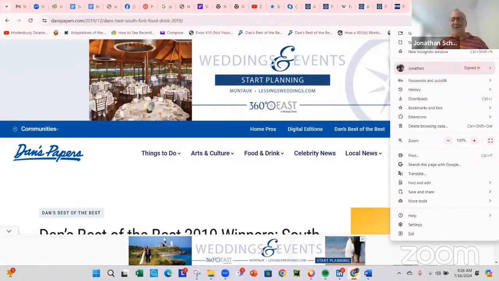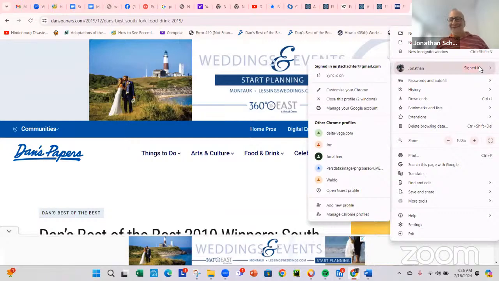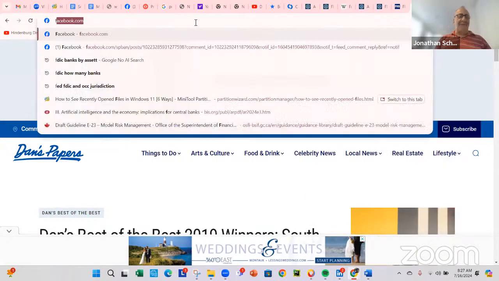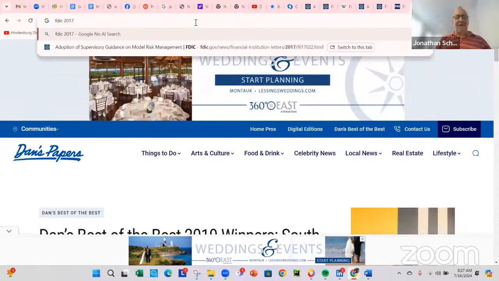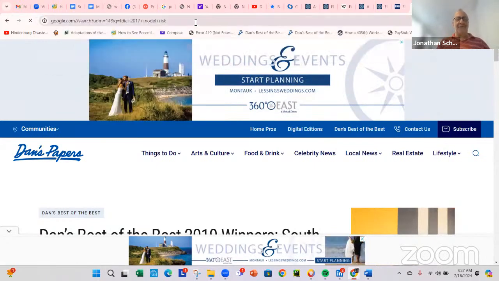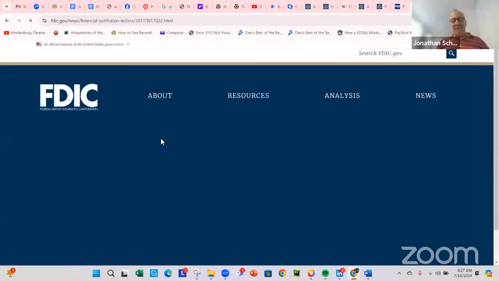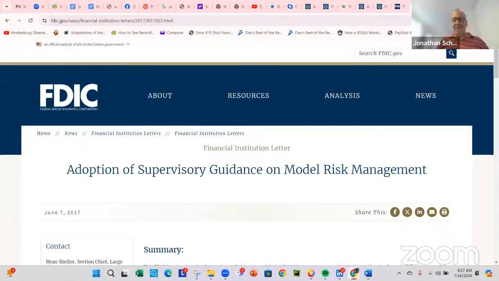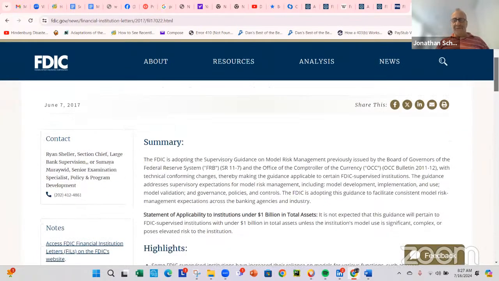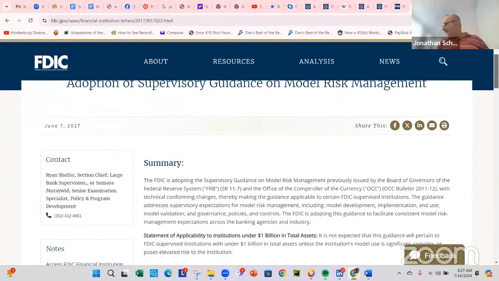We don't want to look at that. Let me just Google it. The FDIC's 2017 model risk guidance is when they formally adopted the Fed and OCC guidance. There must be overlap between that and the OCC, right?